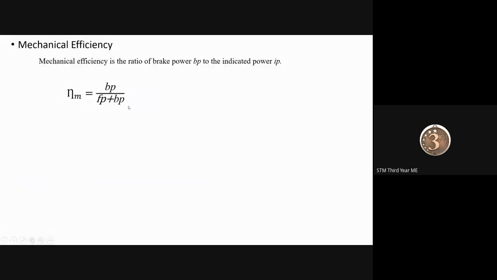Okay, so this is the equation for them. Then we are going to write all these efficiency equations we found, the 3 efficiency equations.